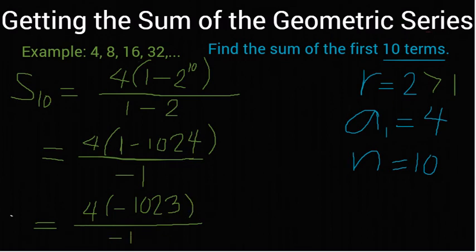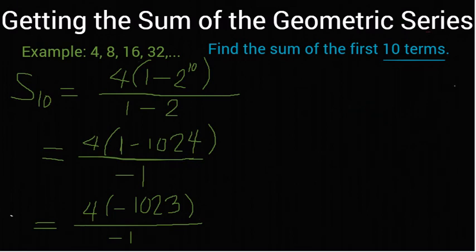Let's clear this side first. So what is negative 1024 times 4?